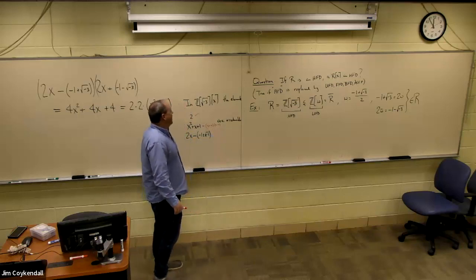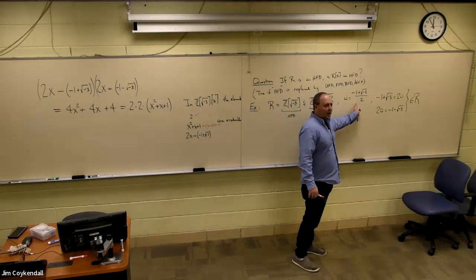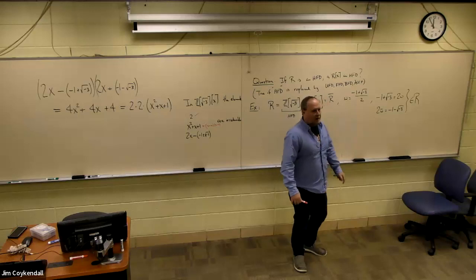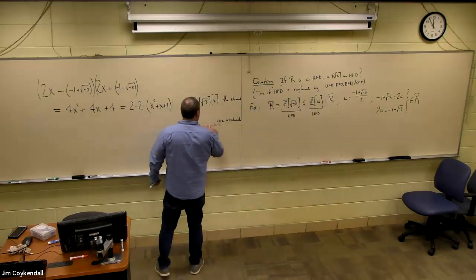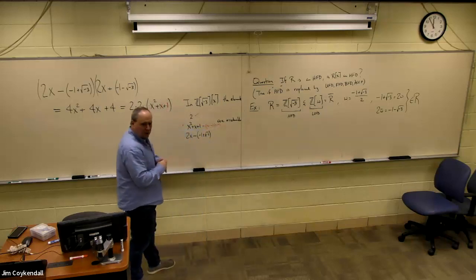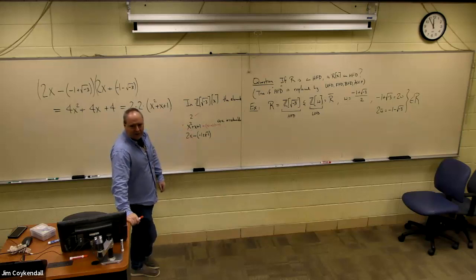But neither omega nor omega bar is in the coefficient ring, right? Because there's that pesky 2 in the denominator, which isn't here. So this one is irreducible because the only way it can factor is into two monic polynomials. So it has to have two roots, and the only roots to this thing are not in the ring.